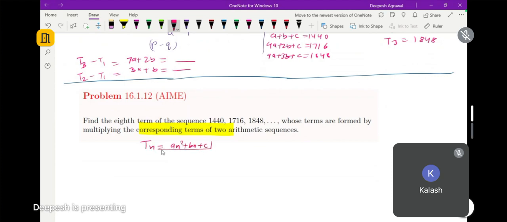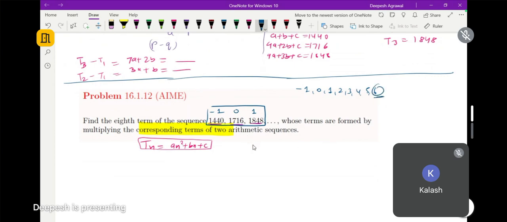So we have taken first term, second term, third term as t1, t2, t3. To make your calculation easier, you can take n as minus 1, 0, 1 also, because these are three terms. If you take the first term as n equal to minus 1, 0, 1, then the second, third, fourth, fifth, sixth, so your eighth term will become t6.